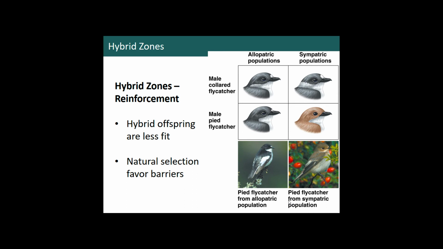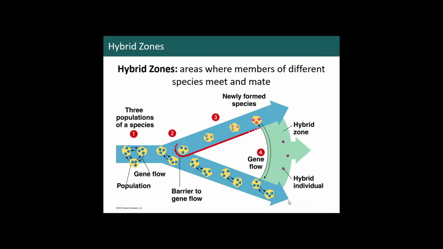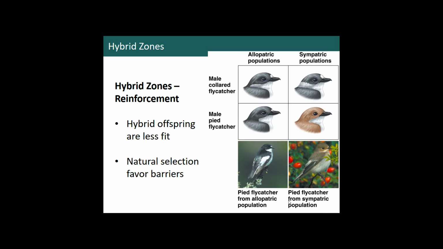It looks like the collared flycatcher has a deeper white stripe on the side and maybe a slightly bigger white patch over the nose, but they're really similar, right? So if they're in a place where they're not coming into contact with each other, the males have pretty similar appearances. In sympatric populations, so in a hybrid zone, where these two species are coming back together, the collared flycatcher has a much deeper white band, and the pied flycatcher is brown. It's a completely different color.